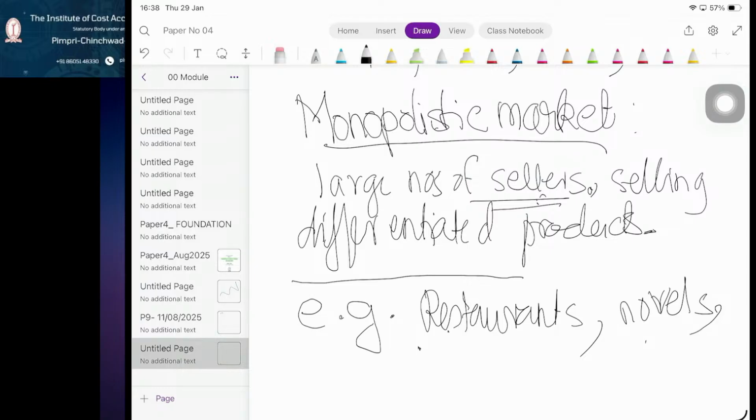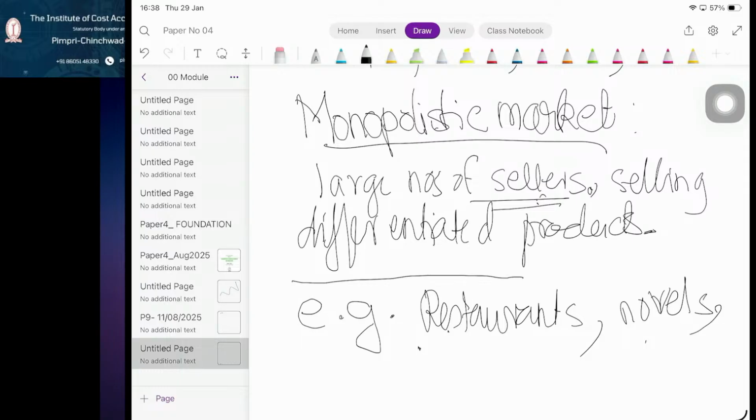Any business, online students, can any one of you think of a market which is monopolistic, where there are a large number of sellers and each one has differentiated their product? Educational institutes could be, but they could be more like an oligopoly, as there are only 2-3 colleges in each area.